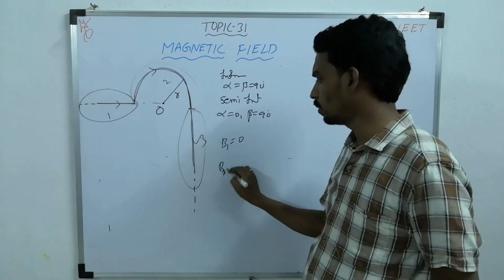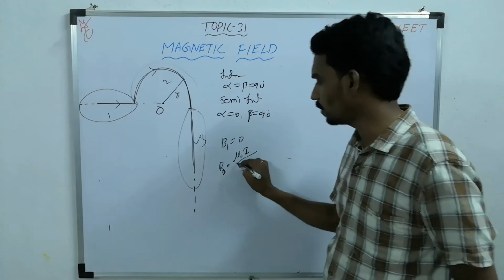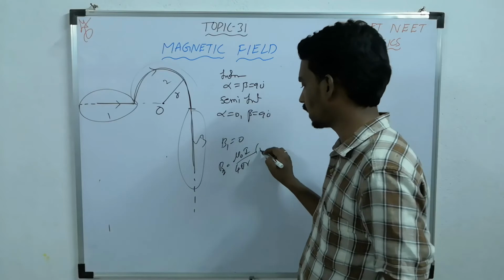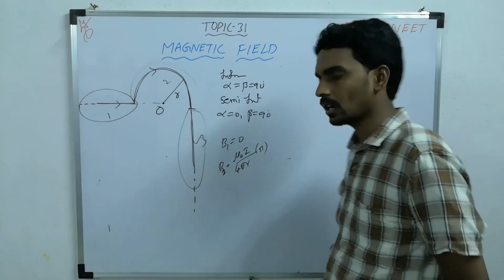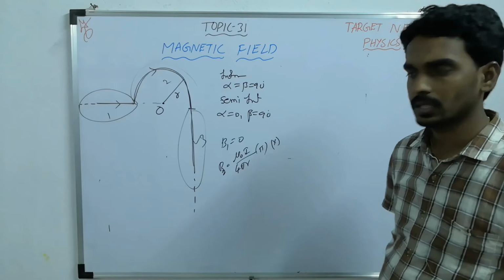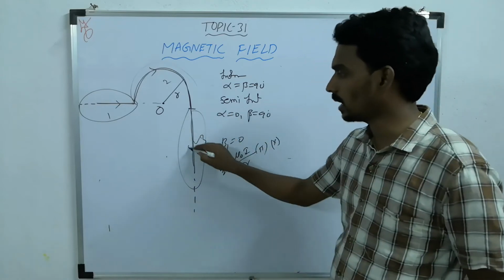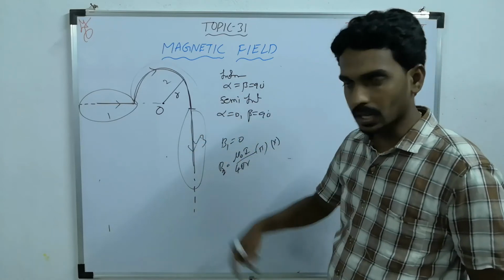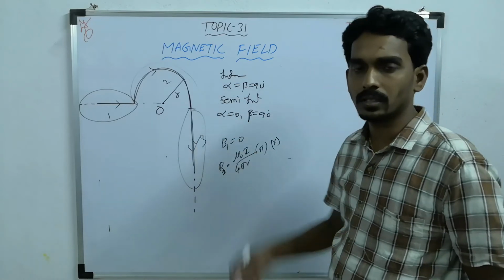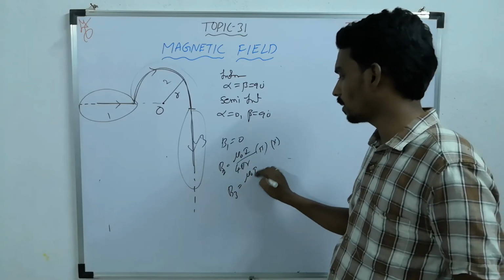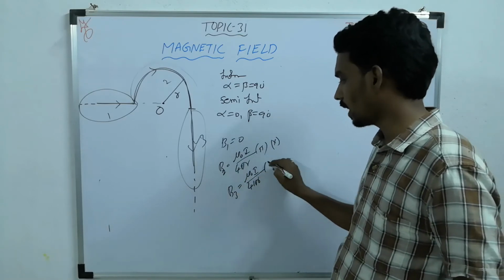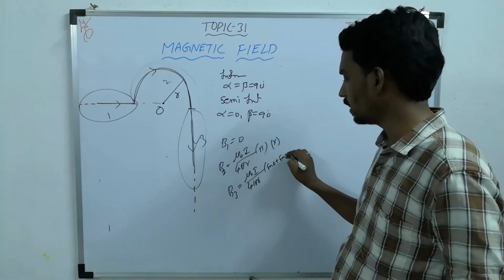This is a semicircle. So what is B2? Due to the circular element, mu naught I by 4 pi r times theta, with theta pi. Inward or outward? Clockwise. Clockwise means inward. Then this is semi-infinite. Current is downward. For downward current, left side, inward. So B3 is mu naught I by 4 pi r times sin 0 plus sin 90.